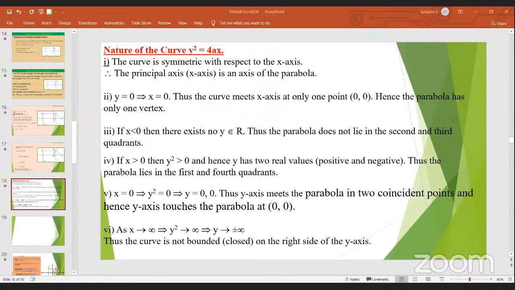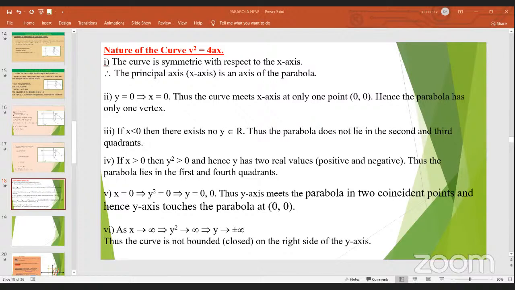Second, observe the length. How many units is it cutting on either side of the x-axis? 1, 2, 3, 4. Similarly, come down. 1, 2, 3, 4 boxes. Like that, if you count the number of boxes above the x-axis and below the x-axis, it will be equal.